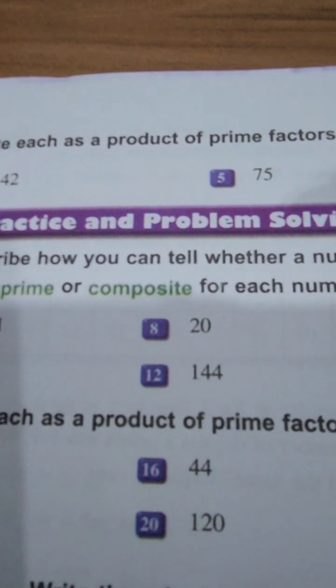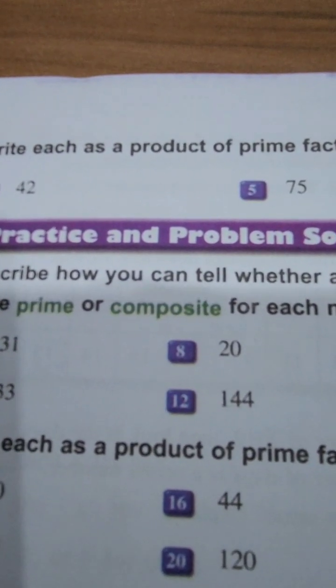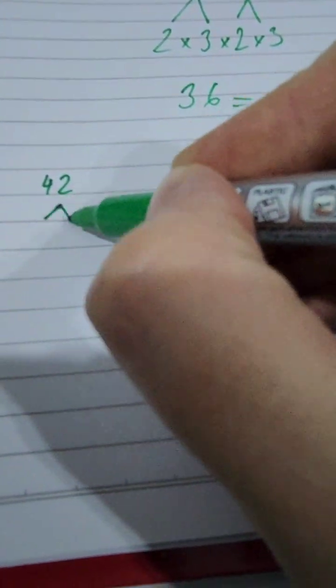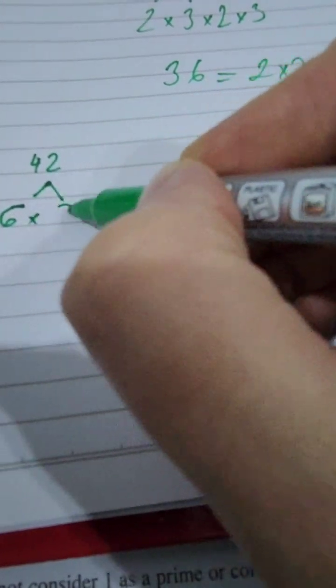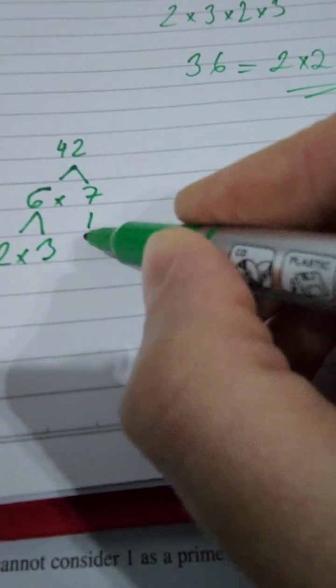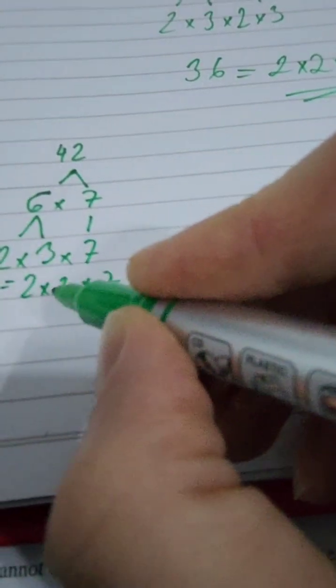Okay, it's this number. 42, how will I do 42 as prime factors? So I will go here and I will write 42. 42 I can write as 6 times 7. 6 can be written as 2 times 3, and 7 is prime. So 2 times 3 times 7 is 42.